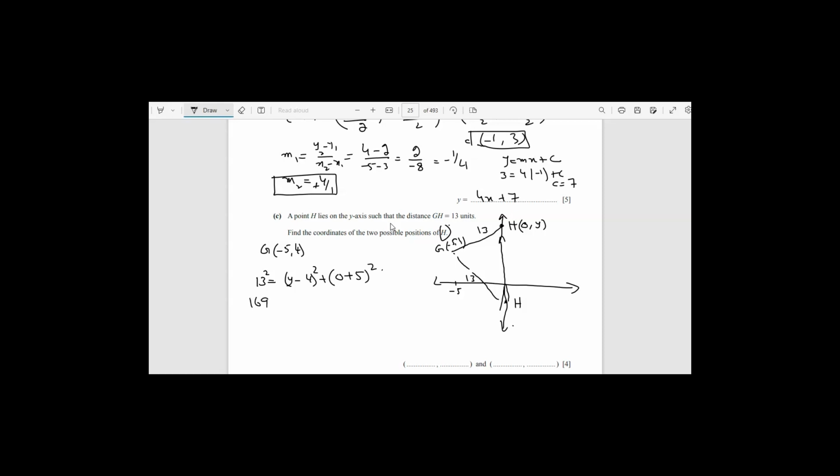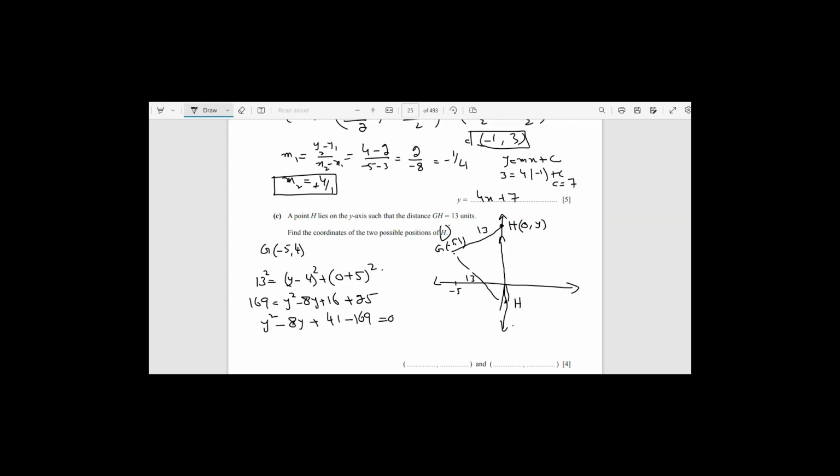This will become 169 equals, applying the formula, y minus 4 whole square, that is y square minus 8y plus 16 plus 25. So this will become y square minus 8y plus 41 minus 169 equals 0.